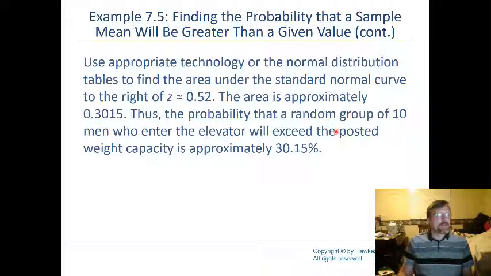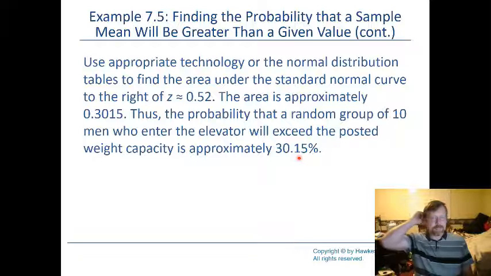Okay, so we want the area to the right of 0.52. If we go through and use the tables like we talked about last week, find the area to the left of 0.52 and subtract that from 1, we get 0.3015. So it's approximately 30% likelihood that a random group of 10 men will exceed the weight capacity of the elevator.